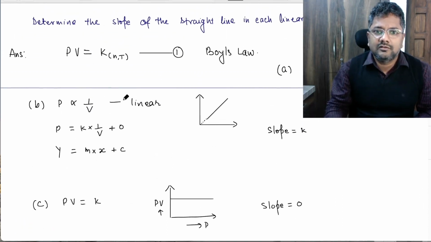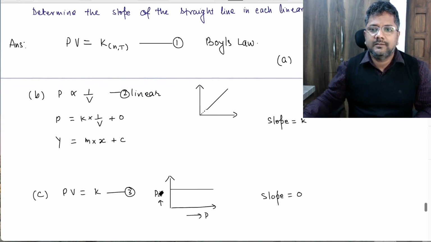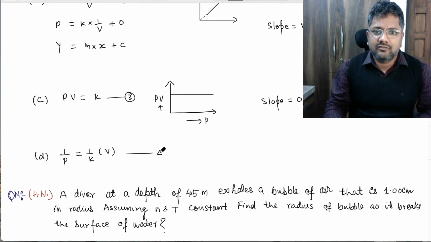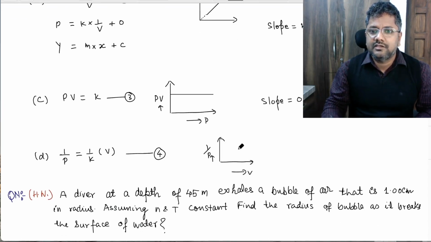So 1 by P versus V. So this time the slope is equal to 1 by K, right?